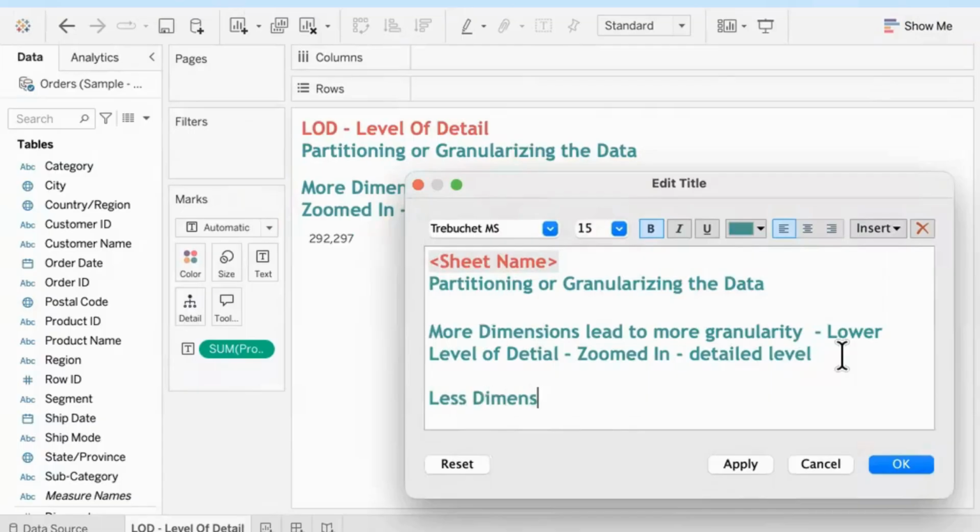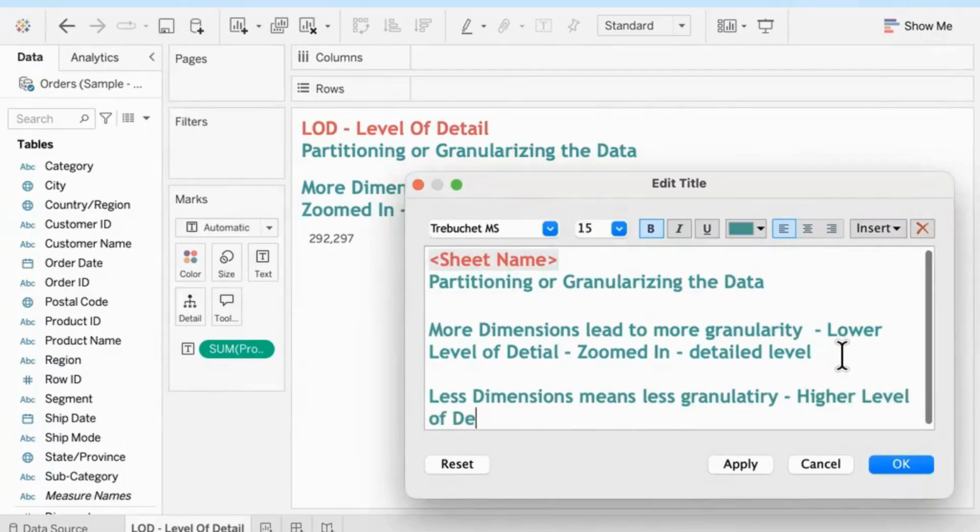Less dimensions means less granularity, right? You have bigger data to work with. We are at a higher level of detail and we have more aggregation happening. You have a lot of data to aggregate. You're not focusing on one specific category or state or region. You're looking at the overall data.